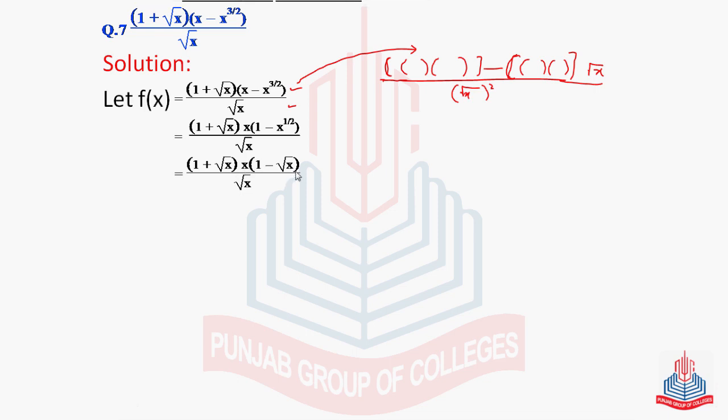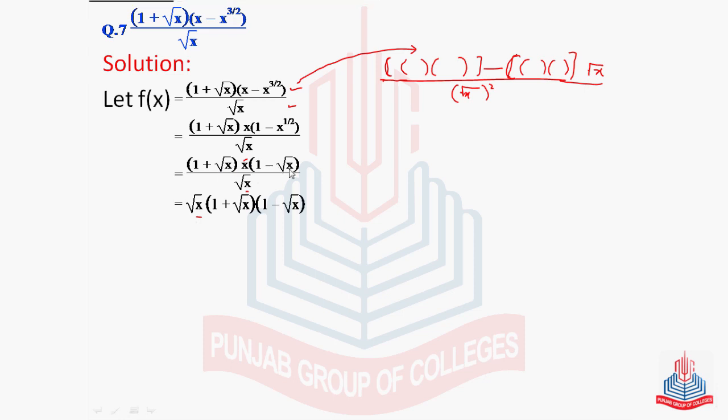And as this is x and this one is also x, by using our simple algebraic technique, when we have the same base, we can combine the powers of these two terms. So here we have power 1, here we have power 1 by 2. So this x and this square root of x will be square root of x, and this 1 plus square root of x into 1 minus square root of x will be as it is.